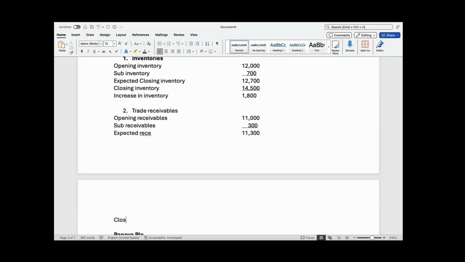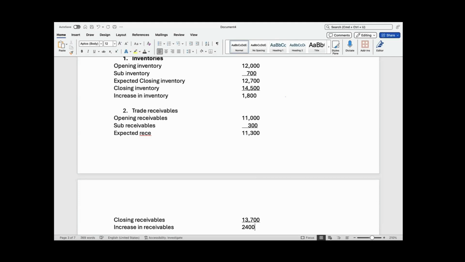But what's our closing receivables? 13,700. This is also an increase in receivables by how much? 2,400. So increase in receivables, 2,400.